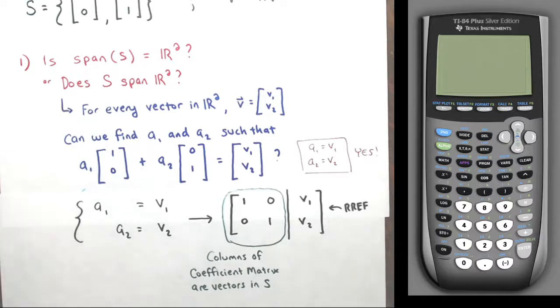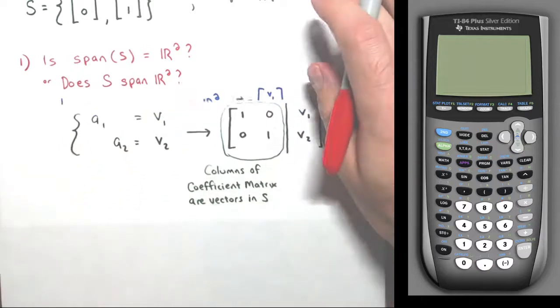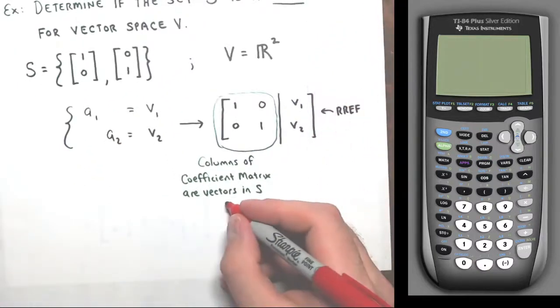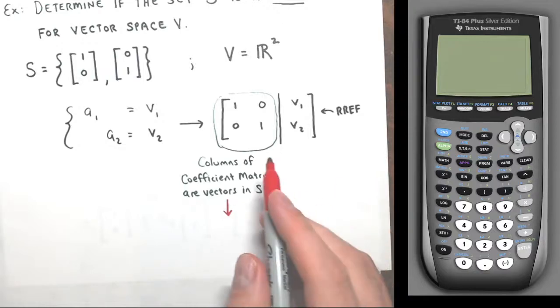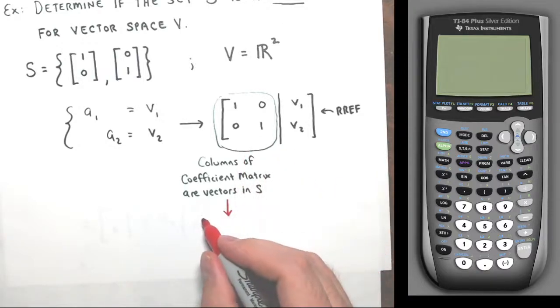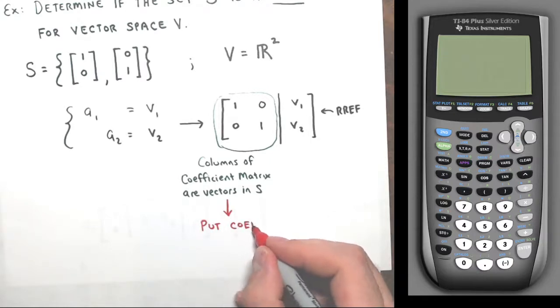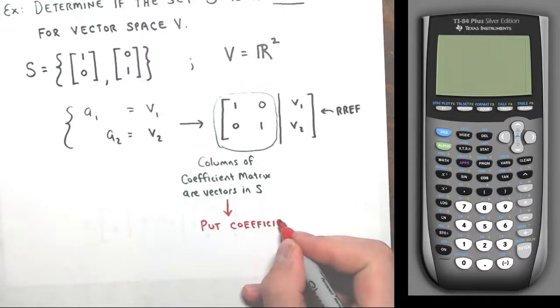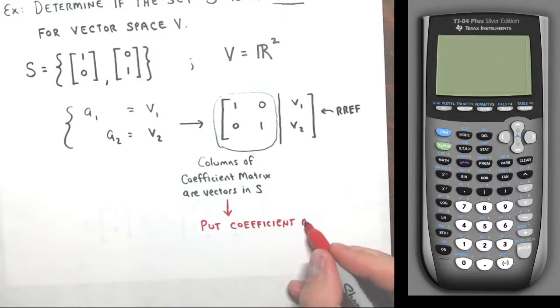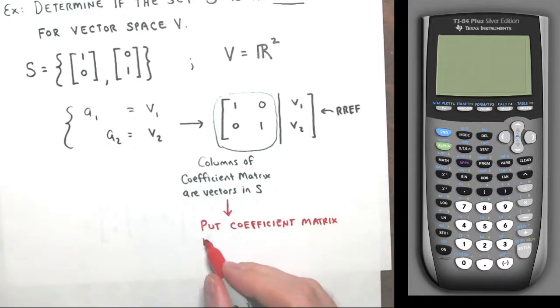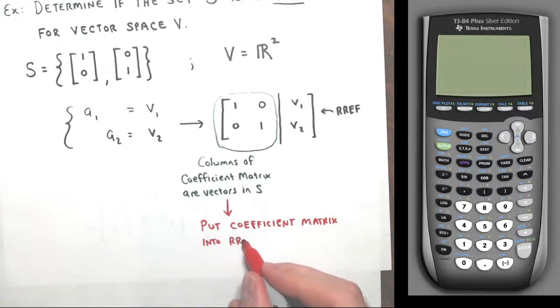So remember the shortcut for determining if a set of vectors spans a vector space was just: take the coefficient matrix and put it into reduced row echelon form, RREF.